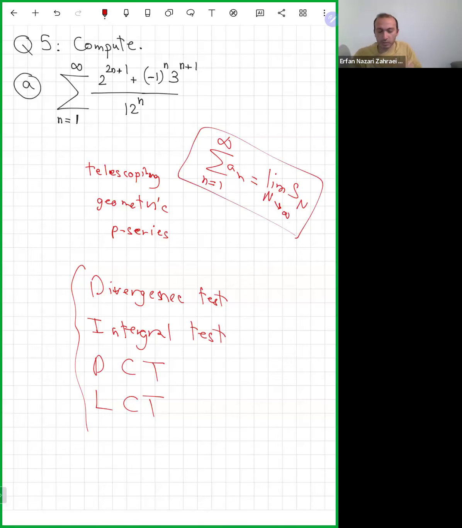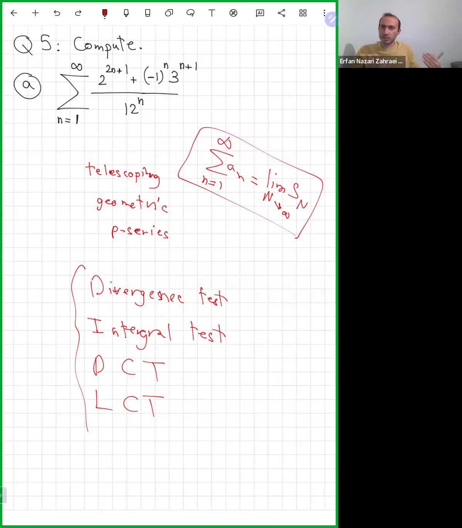To be able to compute this, you basically need a way of computing its partial sum. And it's not easy in general to do that. So basically, for all series in this course and with the knowledge of this course, we never can compute an exact value of an infinite series in general.